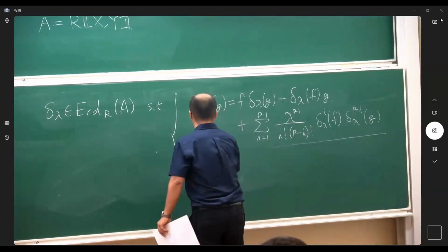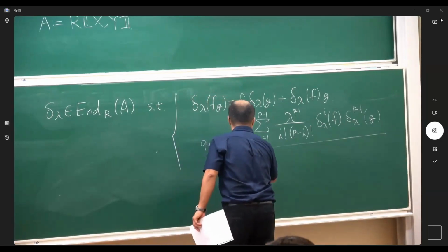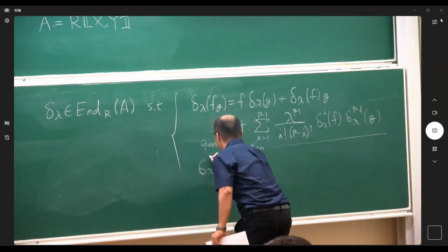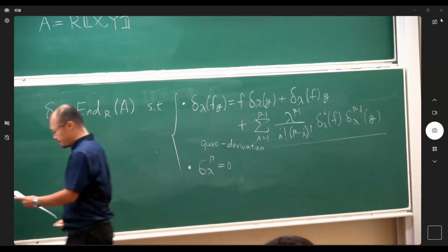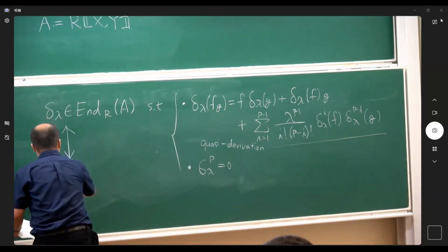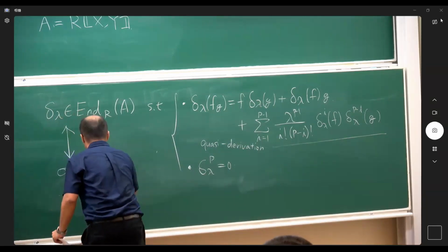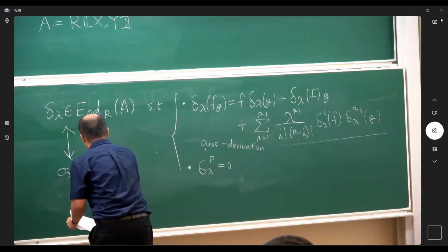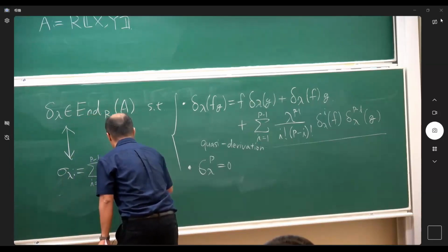This is called quasi-derivation. One more condition, additiveness. So, two conditions. Then this corresponds to an automorphism of order p of A, the R-algebra A. This function is explicitly given by the following formula.